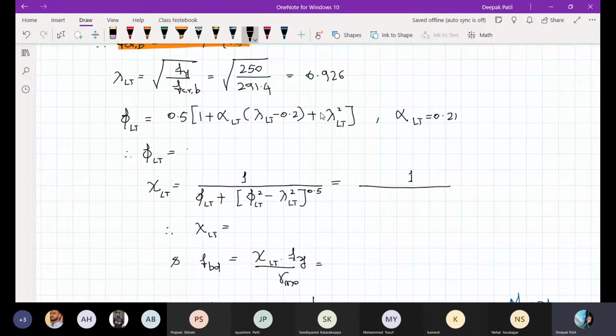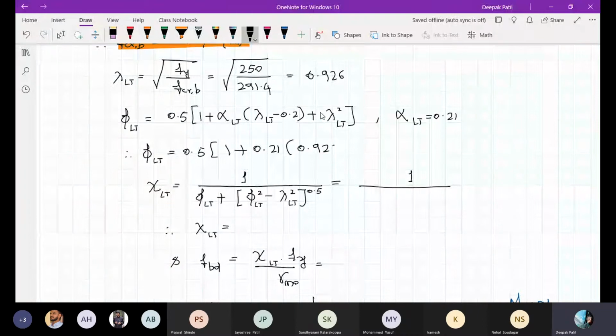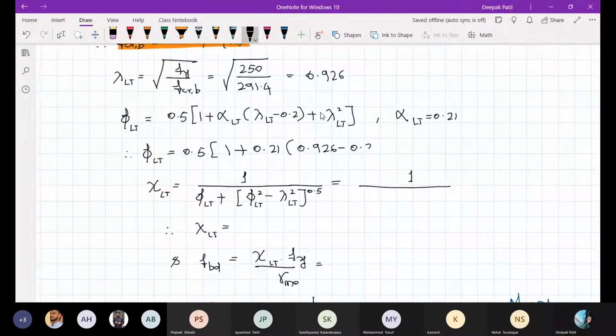So phi LT is 0.5 into the bracket 1 plus alpha LT, that is 0.21, into the bracket lambda LT, which we already calculated as 0.926, minus 0.2, plus lambda LT square, that is 0.926 square. This gives me the value of phi LT as 1.005.